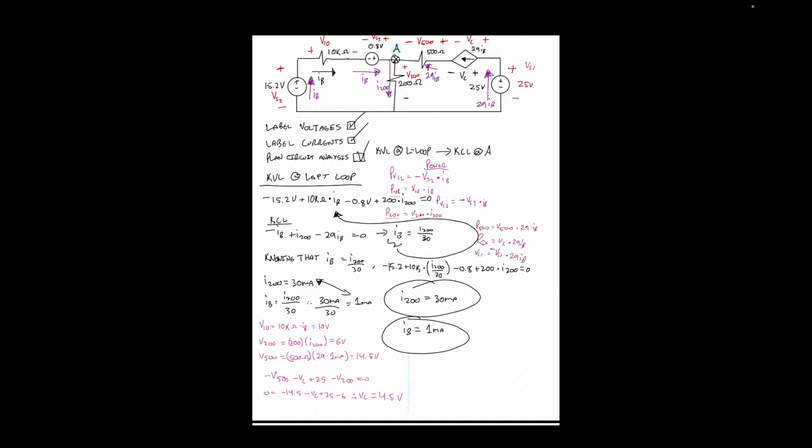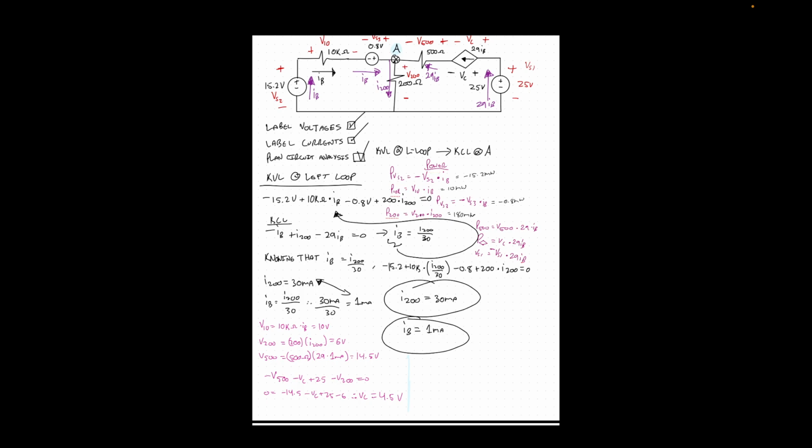So the power for the VS2 is going to be negative 15.2 milliwatt. My power to the 10 kilo ohm resistor will equal 10 milliwatt. My power through the voltage source 3 is going to be negative 0.8 milliwatt. My power through the 200 ohm resistor will equal 180 milliwatt.